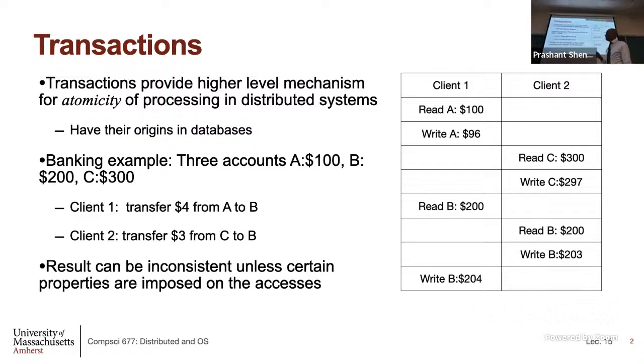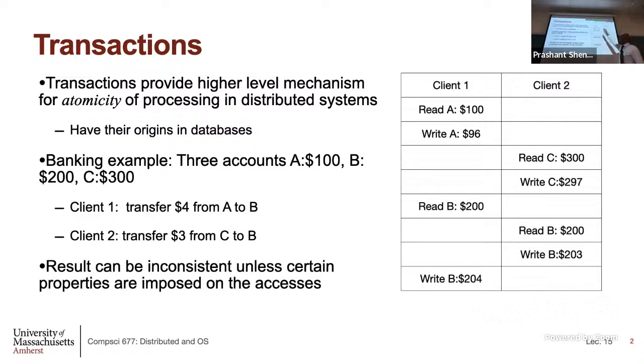We'll assume that you are performing 2 concurrent operations on this database. Client 1 is going to transfer $4 from account A to B, and client 2 is going to transfer $3 from account C to B. So effectively, account B is getting $7 total from clients 1 and 2. This sounds like a straightforward operation, but if you look at how this actually works in a database context or even in a web application context, here is what you will have to do.